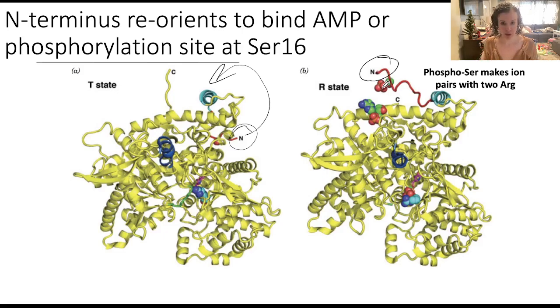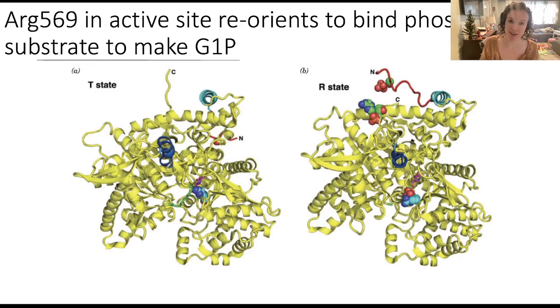And so that negative charge then is stabilized, forming ion pairs with two arginines located here in the allosteric site. So this shape change allows the phosphorylated serine to be stabilized by arginines in the allosteric site. And when that shape change is happening in the allosteric site, a shape change happens in the active site.